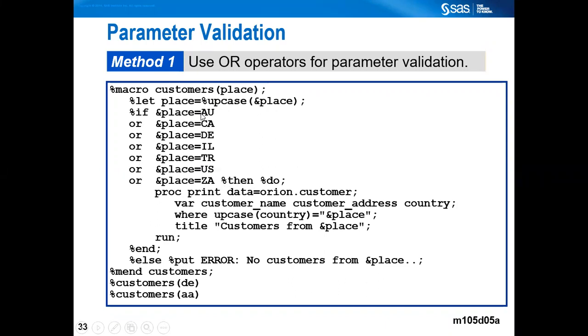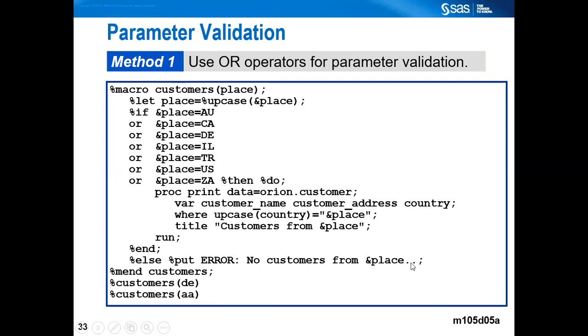So in case this OR is true, then do print on your customers to select these columns where upcase of ampersand place, and give the title customers from ampersand place. And for this then do, else you are telling it should write a message in the log saying error, no customers from any of the given list of macros.